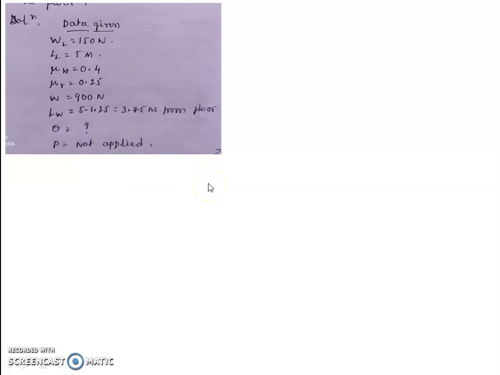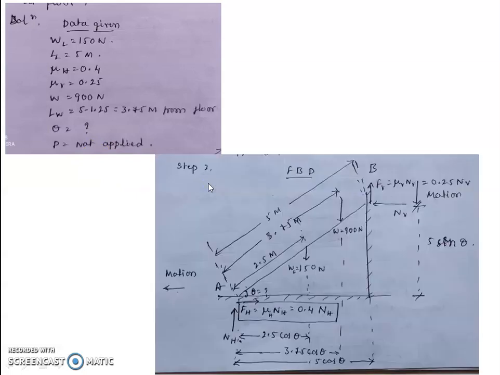You will see the free body diagram of the ladder. It is shown here. This is the ladder, resting on a horizontal surface and a vertical wall. It is of 5 meter length. They asked what is the theta, how it is inclined to the wall. That we have to find.